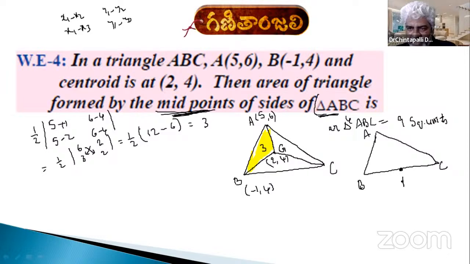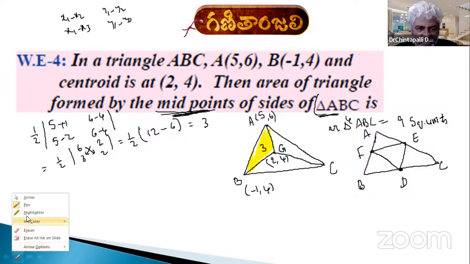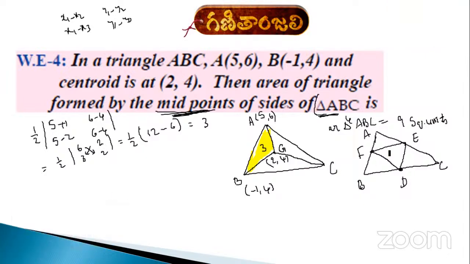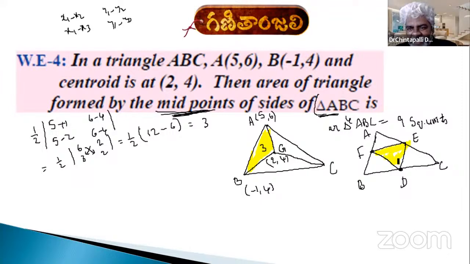This is D, midpoint D, midpoint E, midpoint F. In other words, the same question may be asked like that: find the area of the pedal triangle. What exactly do we want? The area of triangle DEF is asked. You know, each of these 4 triangles are equal.